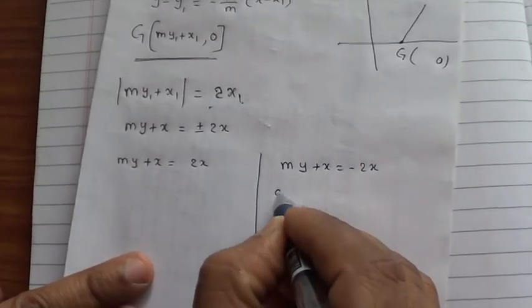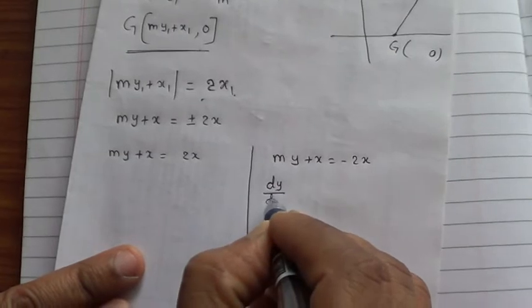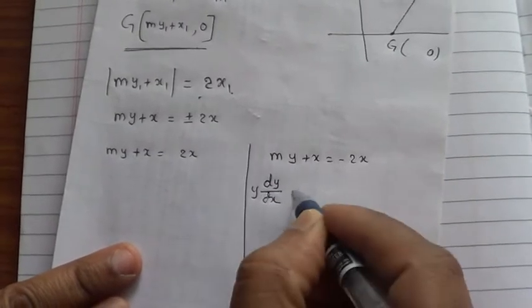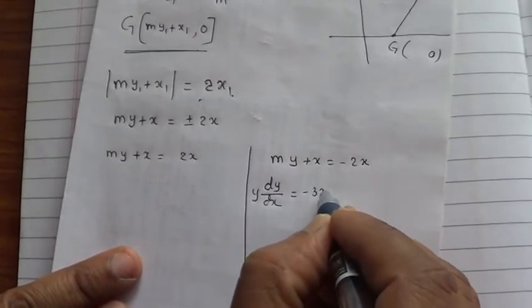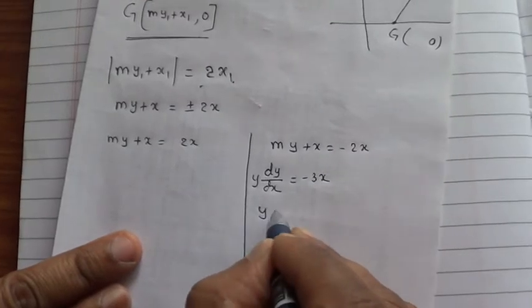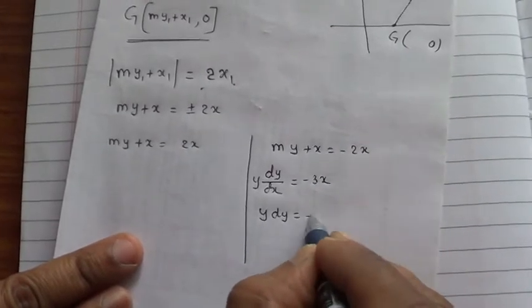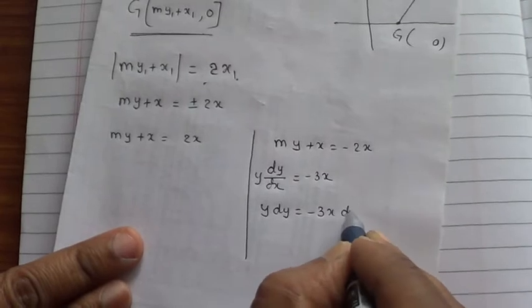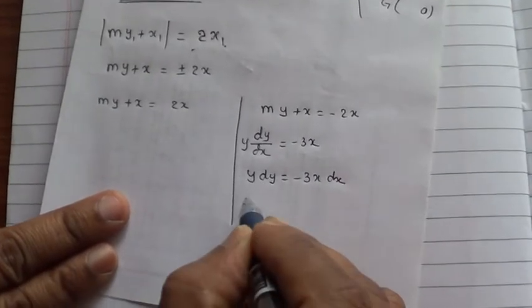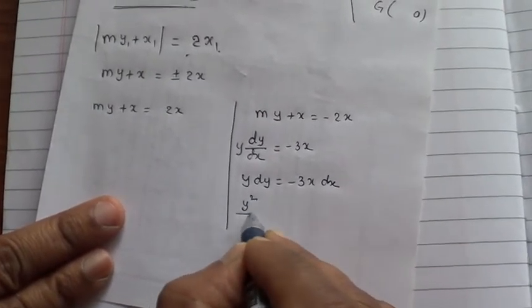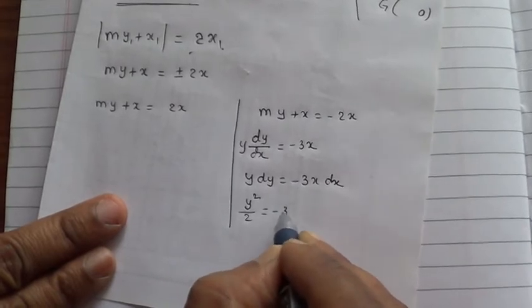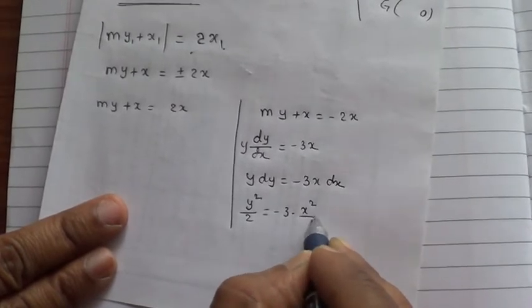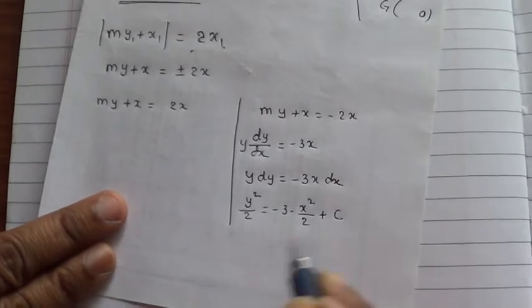But what is m? M is nothing but dy by dx. So y into dy by dx is equal to minus 3x. Therefore y dy is equal to minus 3 into x dx. Now come on, integrate this one. Y square by 2 is equal to minus 3 into x square by 2 plus c.